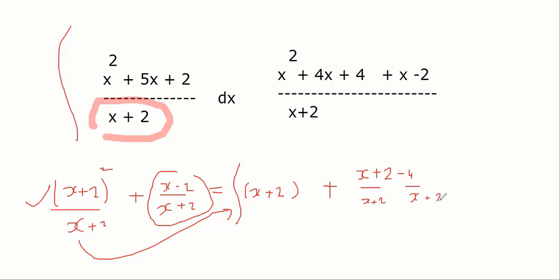We should also learn the art of splitting. इसका इंटीग्रेशन आई नो. x plus 2 by x plus 2 मतलब 1. 4 by x plus 2 integration also I know, because it's of the form 1 by (ax plus b), so log of x plus 2. हो गया सॉल्व. करेक्ट? You will start thinking like this. कितना इजी हो गया? We split the function like this, and we can get the integration.